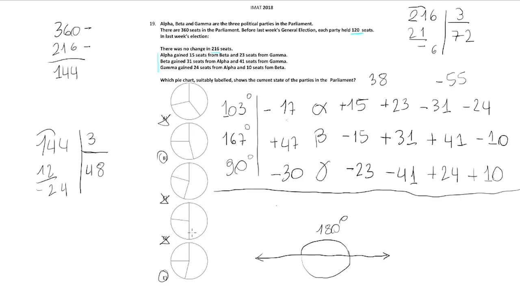So letter E cannot be, because we have an angle that is more than 180 degrees. So we can eliminate letter E as well, and our answer would be letter B.